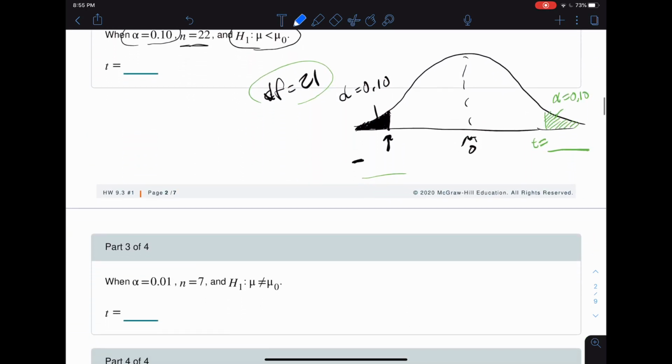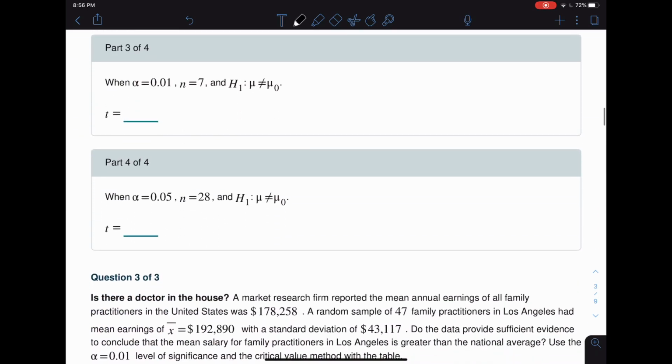But we know that we're to the left of 0, so what we're looking for is the negative, the opposite of that, so negative 1.323. So this critical value, or t-value, is negative 1.323.